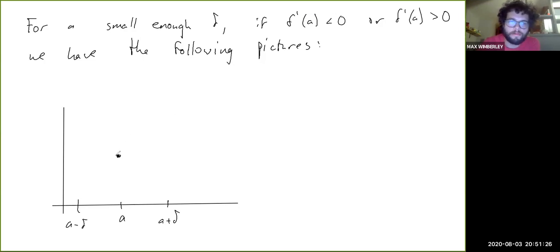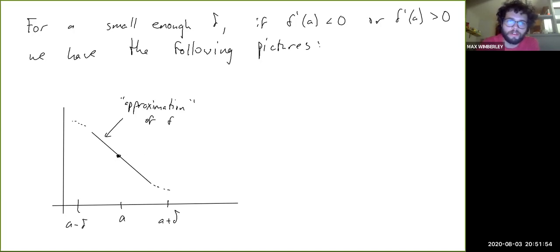Then, roughly speaking, f looks approximately like a straight line, quote unquote, an approximation of f.